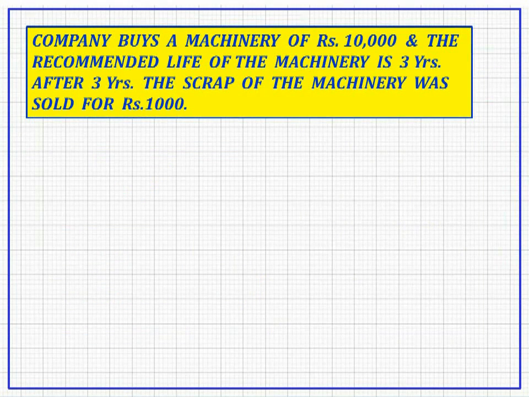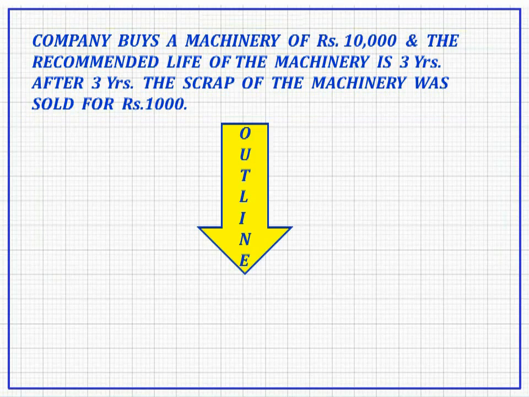Suppose a company buys a machinery for 10,000 and the recommended life by the company or by the manufacturer is 3 years. And after 3 years, the scrap of the machinery can be sold for rupees 1,000. All this text of the question can be presented in this form, through these outlines.